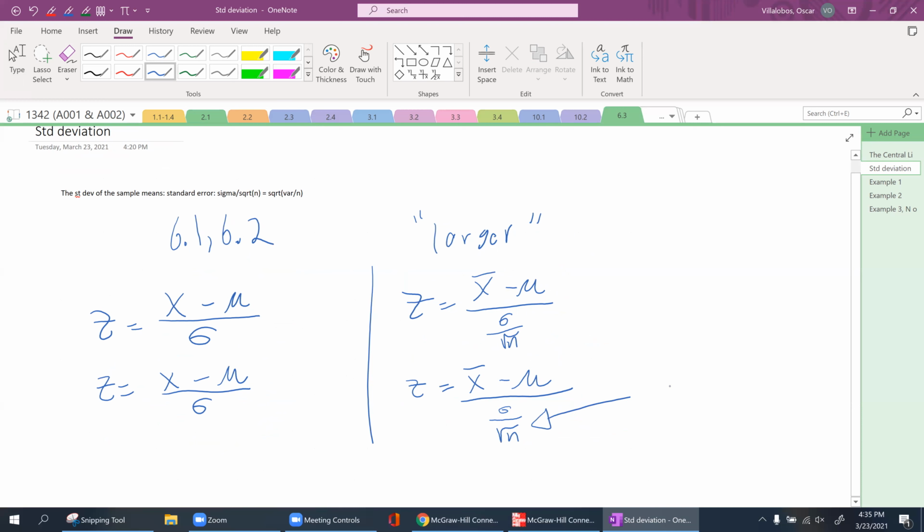This part here is known as your standard error, and you may see it written as sigma over square root of n, or the square root of the variance over n.